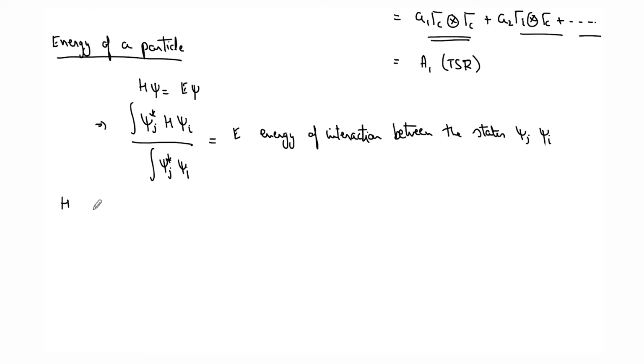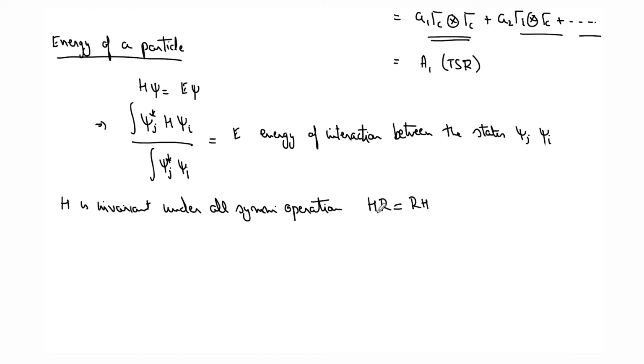We know that H is the Hamiltonian, right? And H is invariant under all symmetry operations. We have seen that earlier, right? We have seen that H and R commute with each other.